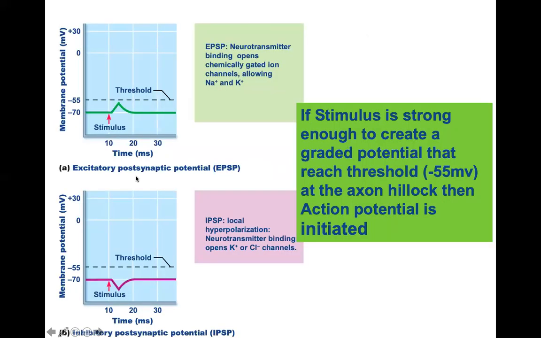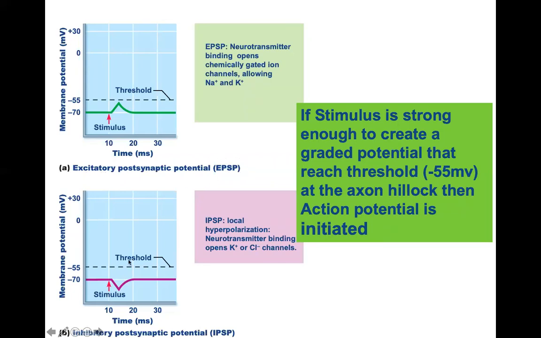Here is the depiction of what we're describing, guys. So again, you're starting with that -70. Hopefully everybody remembers, -70 is your resting membrane potential. If you have the sodium-potassium ligand-gated channels open up, you will have depolarization, as in your cell is becoming positive. And if it reaches the threshold, you will see an action potential forming. That is excitatory, or EPSP.